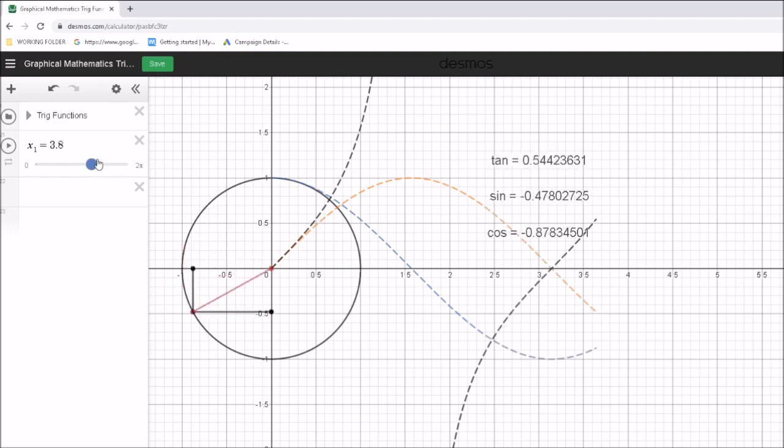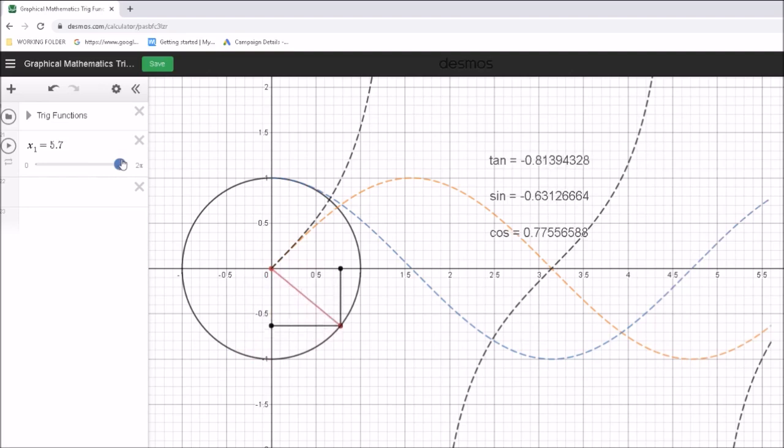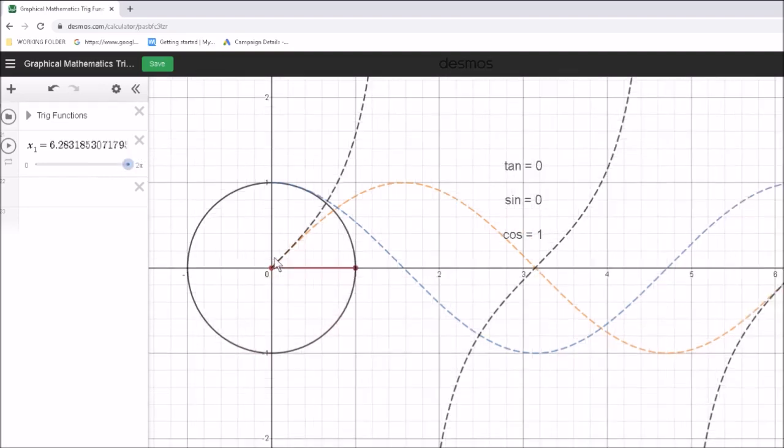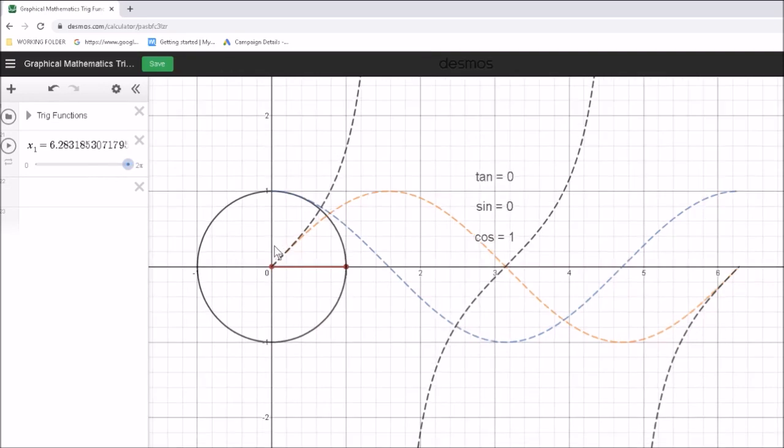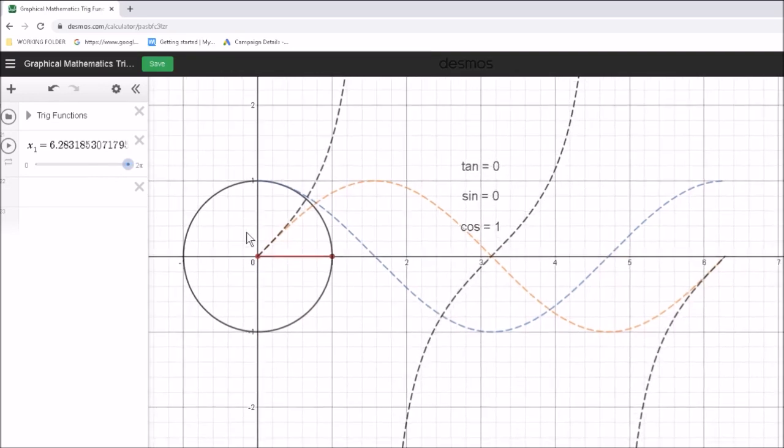And if you head off all the way round the circle to 360 degrees, you'll see that we've got the sine, the cosine and the tan functions all drawn together. And you'll notice here that the cosine function looks very similar to the sine function.